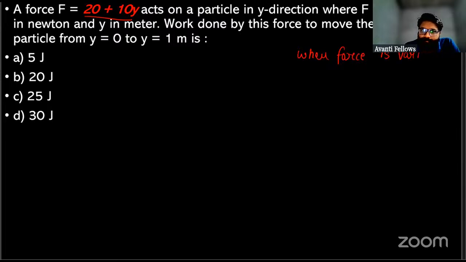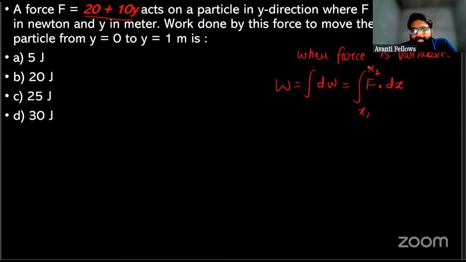In this case, we calculate a very small work, which is given by F dot dx or ds, whatever you want to take, and then you integrate it and put the limits from where to where you have displaced the object. Let's say x1 to x2, so you apply the integration from x1 to x2 of F dot dx. Clear?